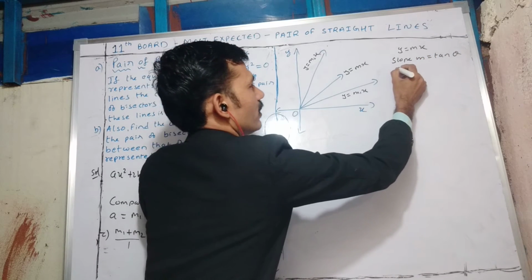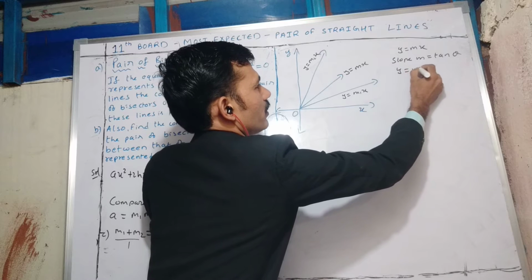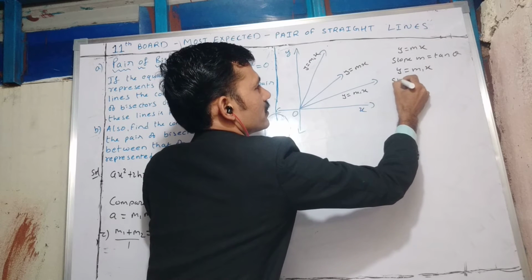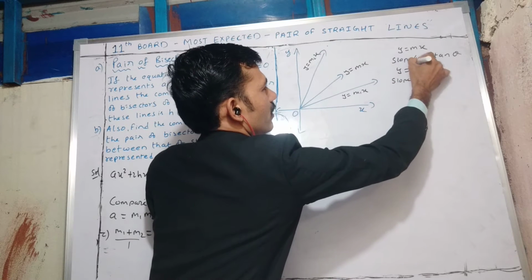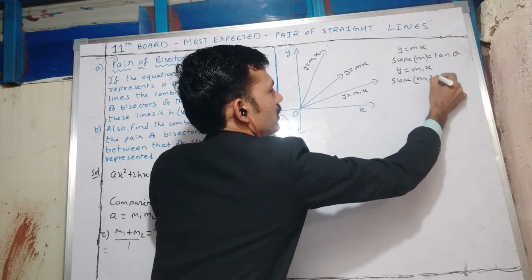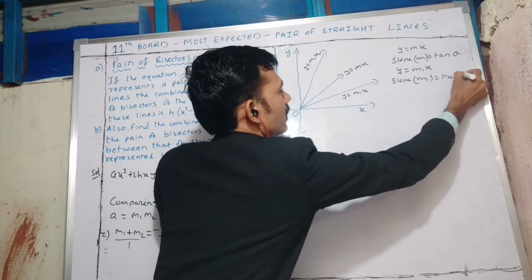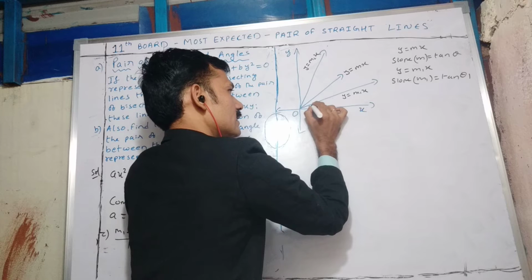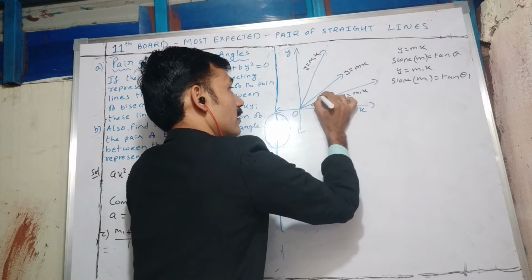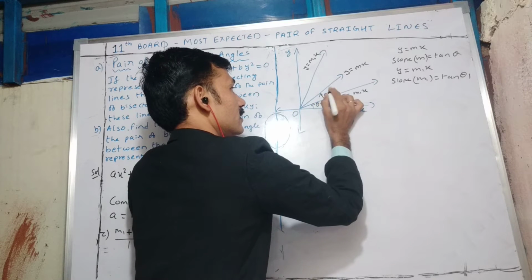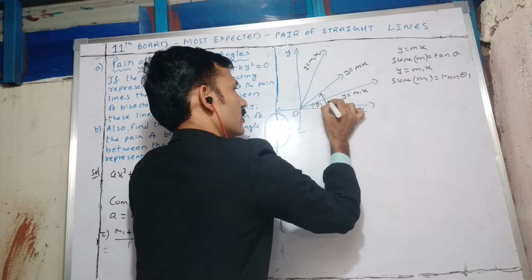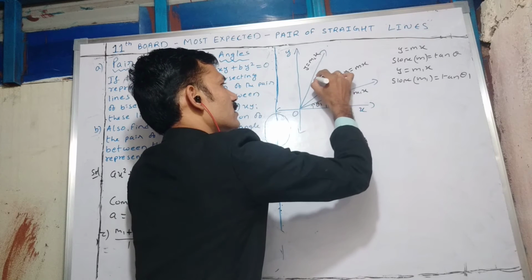Okay. For y equal to m1x, slope m1 is tan theta 1, you think. So this is theta 1 and this is theta. Next, the overall angle.